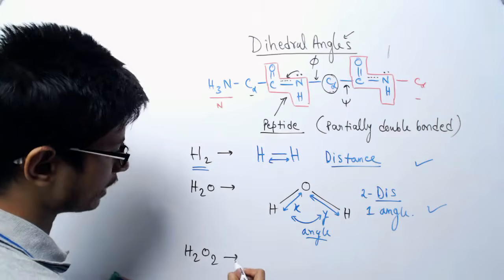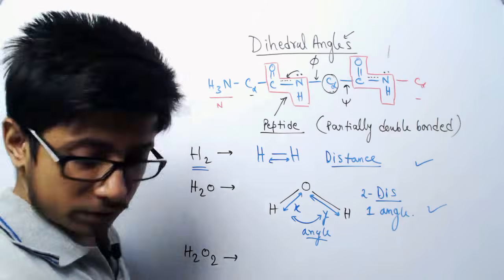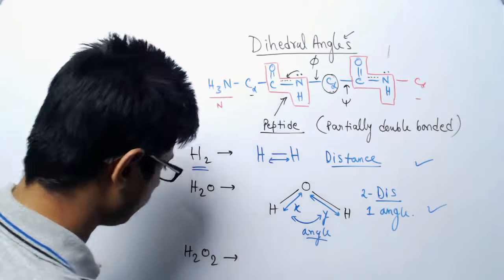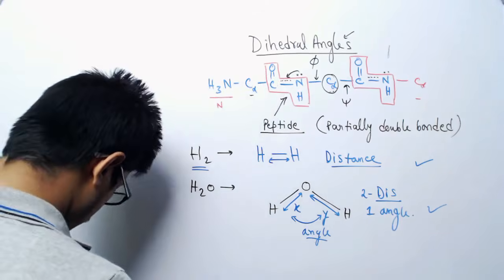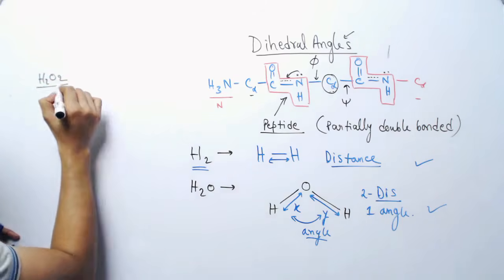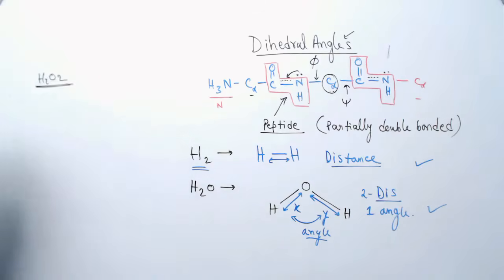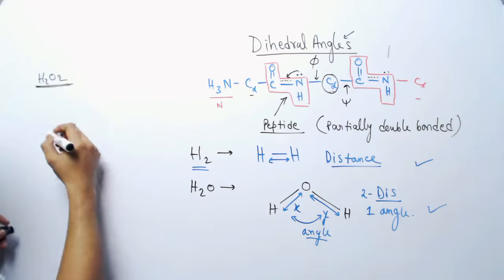On the other hand, let's take hydrogen peroxide, H2O2. I don't know whether you can see the bottom one, so let me draw it here. This is another molecule, and 4 different atoms are linked now.